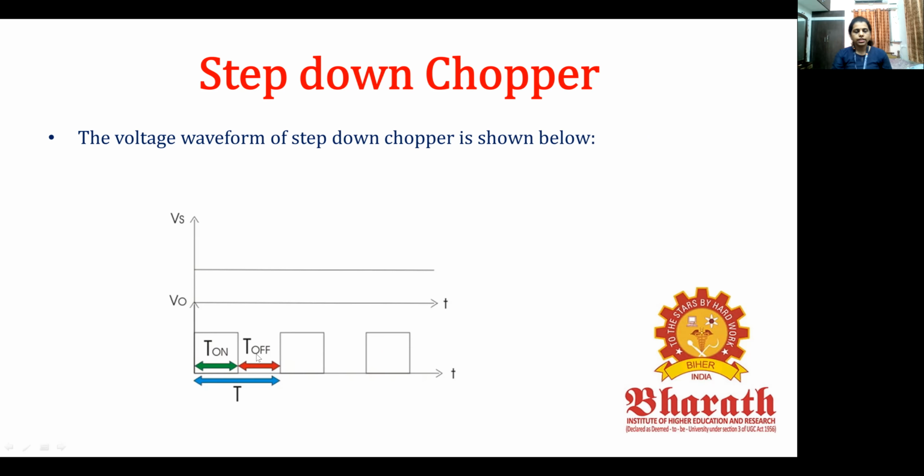T on plus T off will give you the total time period. And T on divided by the total time period is called the duty cycle ratio. This duty ratio plays a vital role in this chopper topic, so we will often use the term duty cycle or duty ratio.